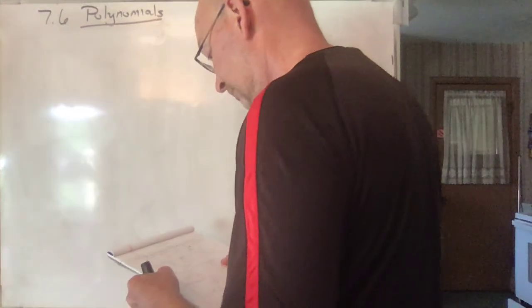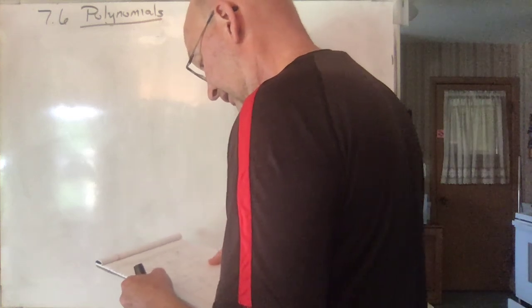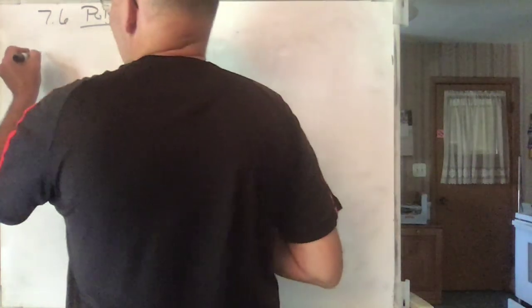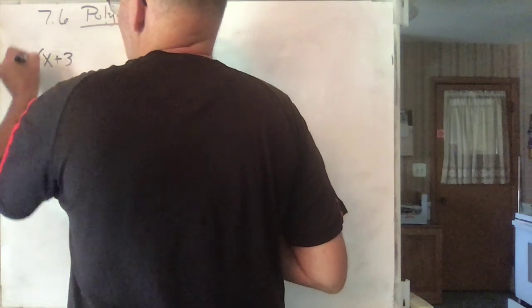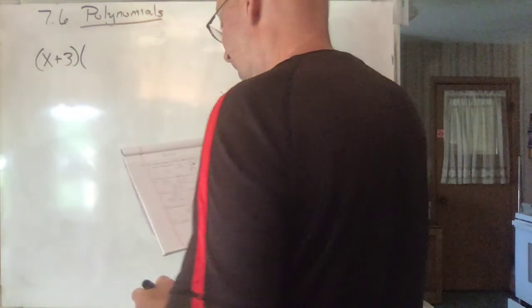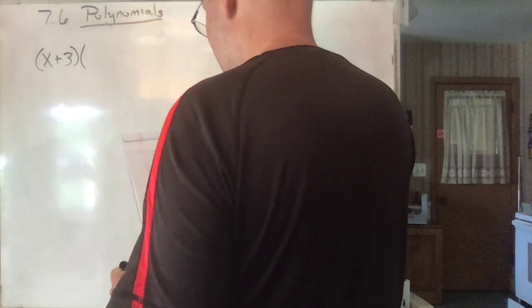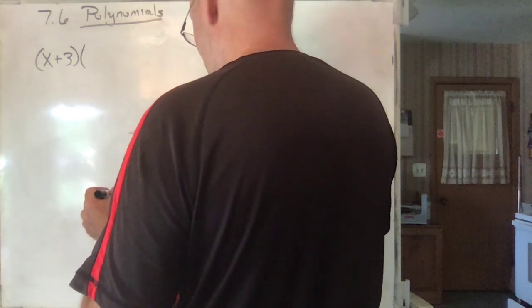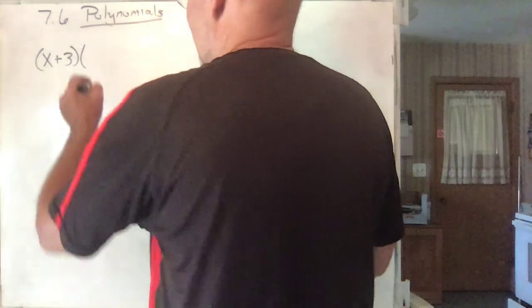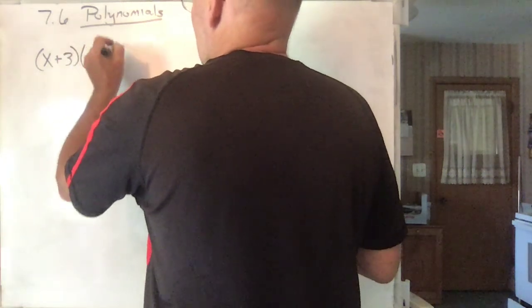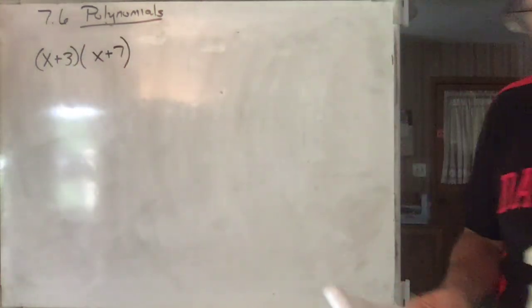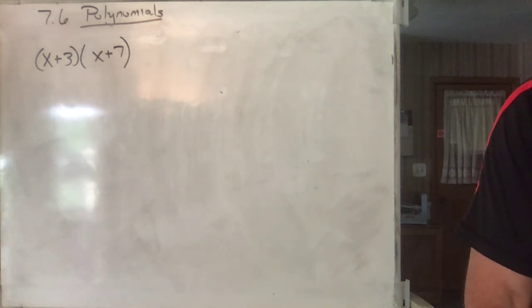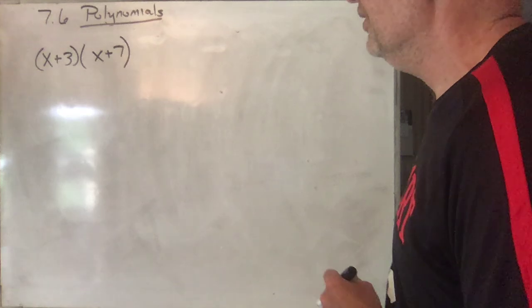Let's take (x + 3) times (x + 7). Okay? (x + 3) times (x + 7).